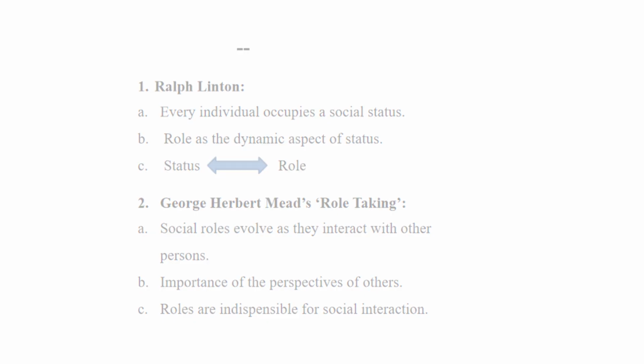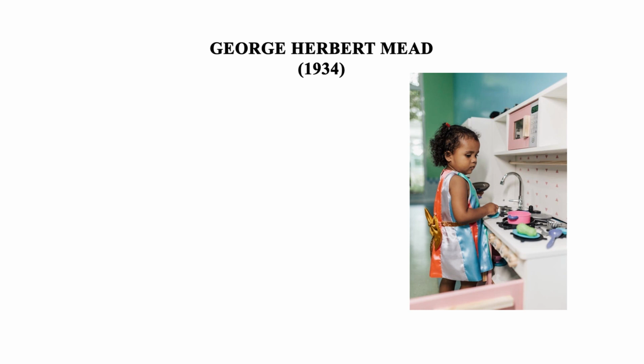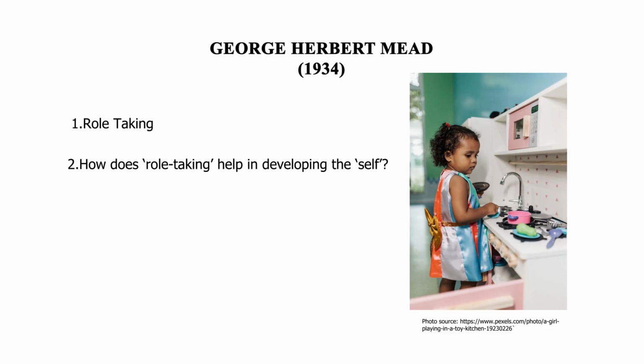Chronologically speaking, G.H. Mead carried out his work on role taking in 1934. He was interested in understanding the development of the self, which he consciously separated from the individual. To Mead, how a person behaves is based on how he anticipates the responses of others. Role taking is therefore a way of internalizing the behaviors and responses of others.